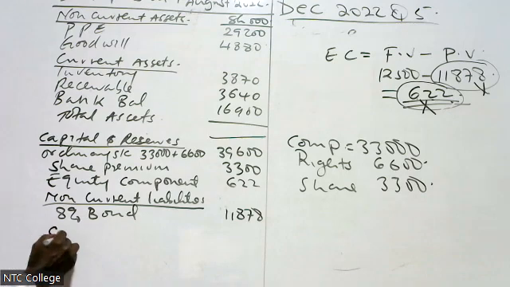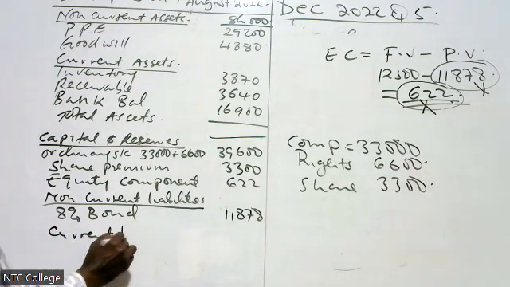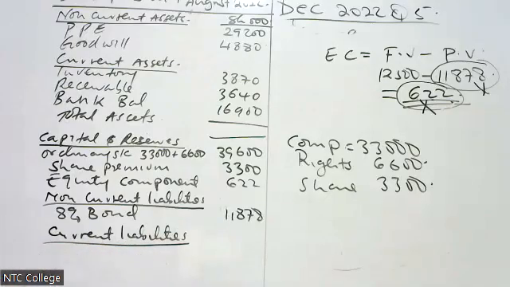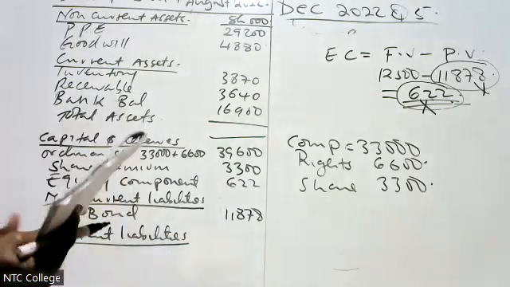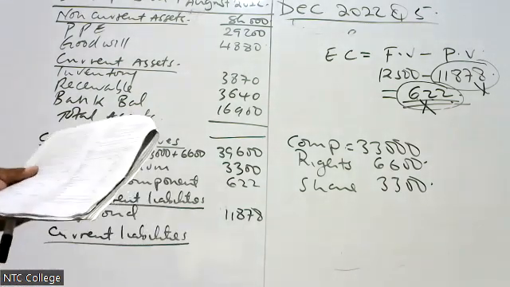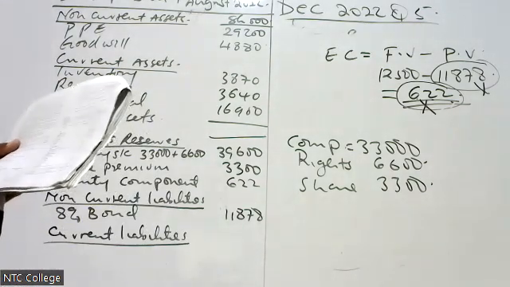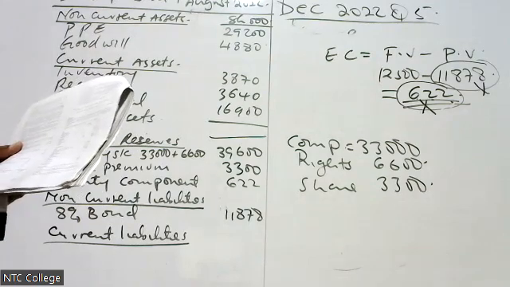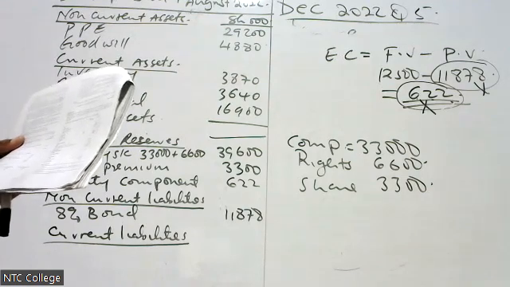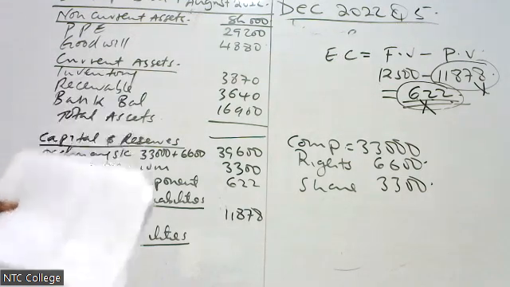Then we come to current liabilities. When we check in the balance sheet, we had accounts payable, accrued interest, bank overdraft. Interest and bank overdraft we paid. Payables is the one that we have not paid.